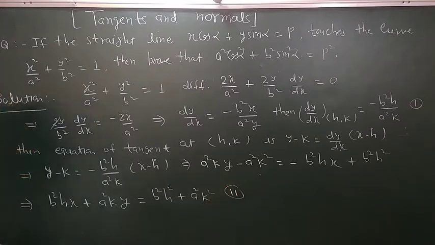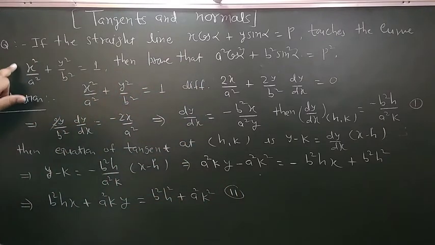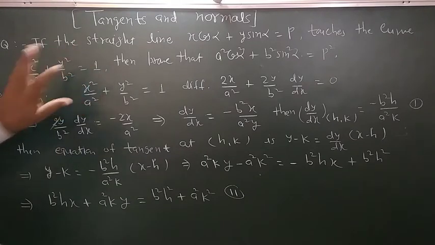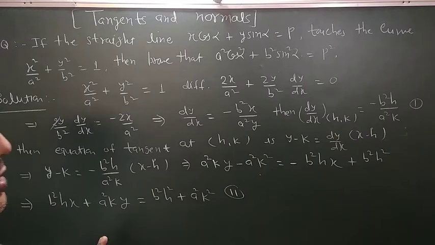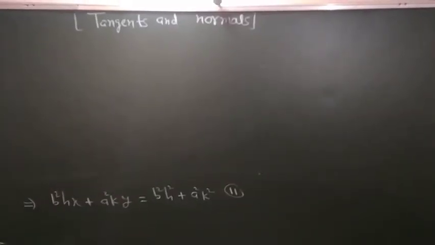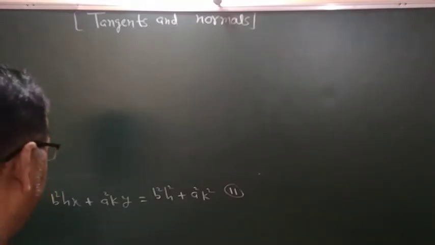This is the equation of tangent to the curve x square upon a square plus y square upon b square is equal to 1 at the point h comma k. So here b square h x plus a square k y equal to b square h square plus a square k square.